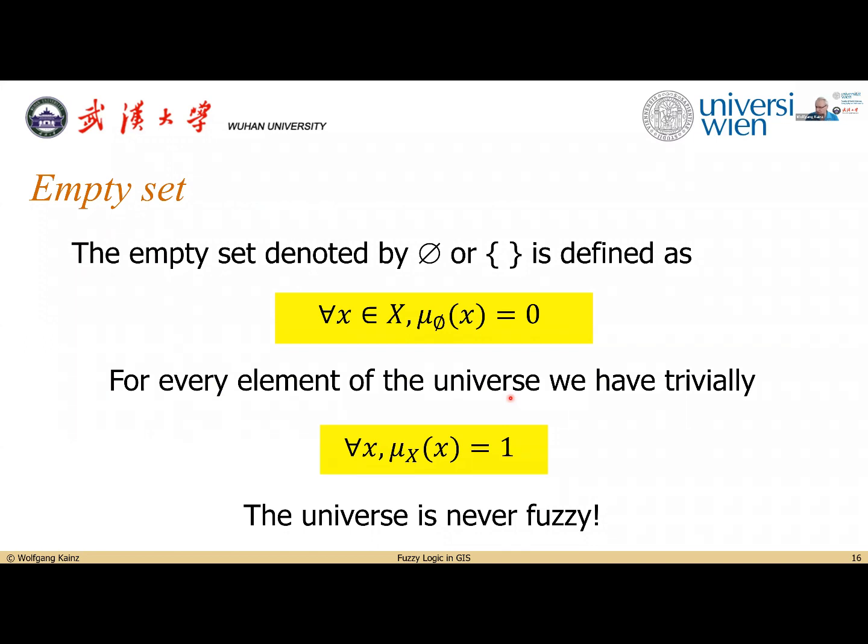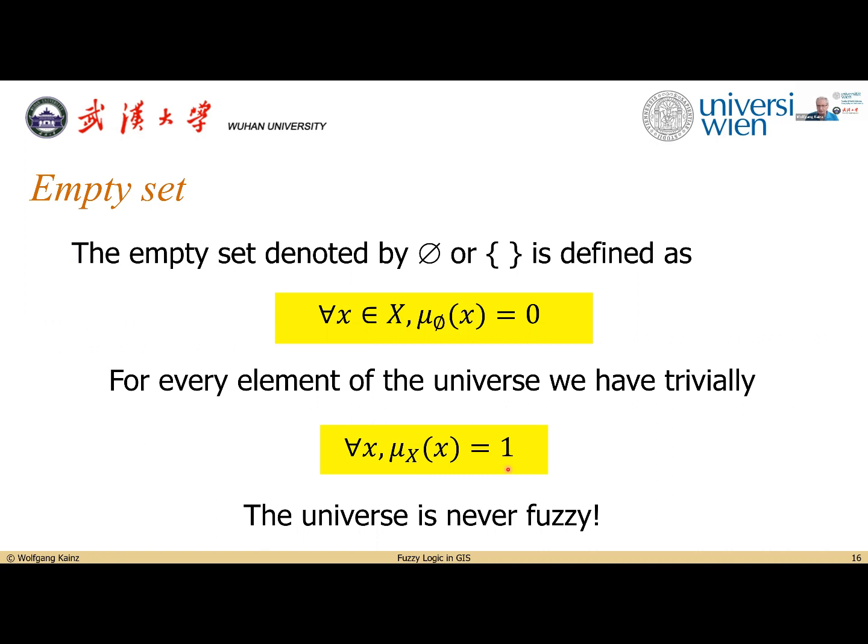So the empty set in fuzzy sets is defined by: for every element of the universe, the membership degree is 0. Then this is called an empty fuzzy set. And for every element of the universe, we have by triviality that every element belongs to the universe, meaning the membership degree of every element to the universe is 1, because as we said, the universe is never fuzzy.